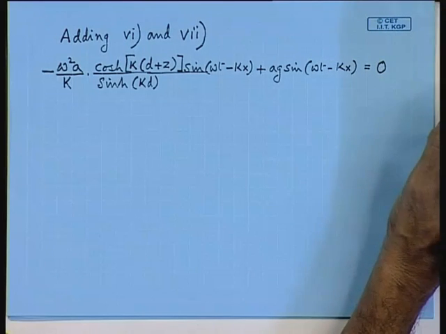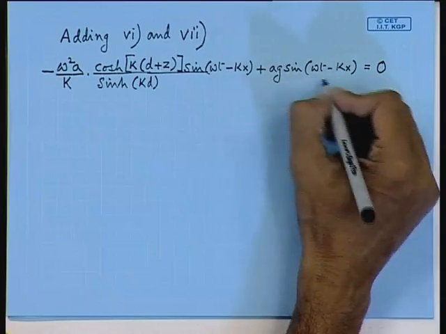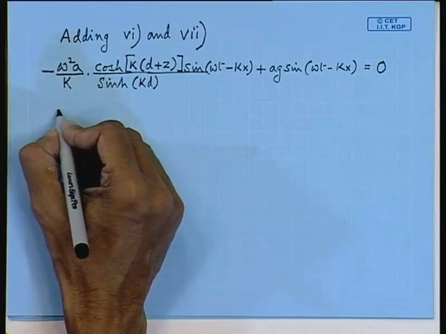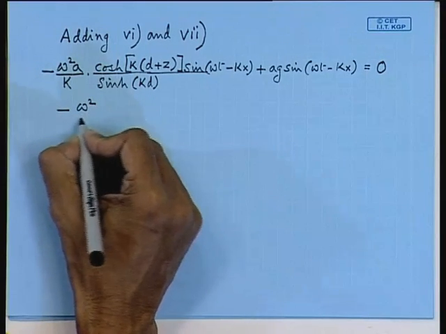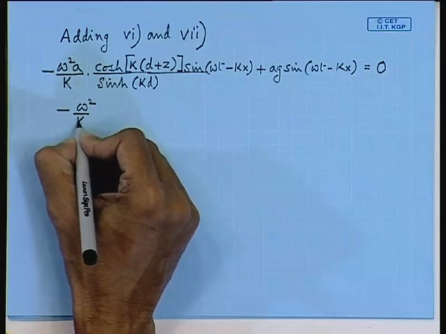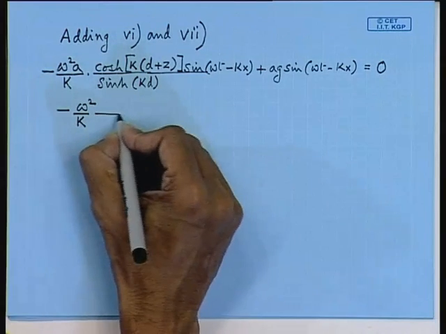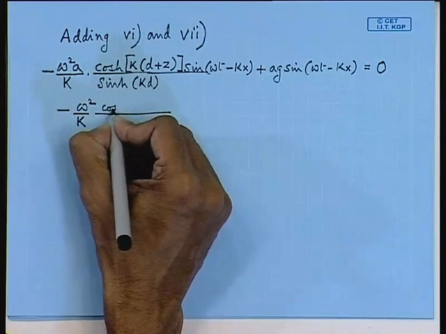Our original equation was these two equal to 0. So A sine omega t minus k x will go, and we are getting a rather simple equation in omega square. This is how you get the dispersion relationship.